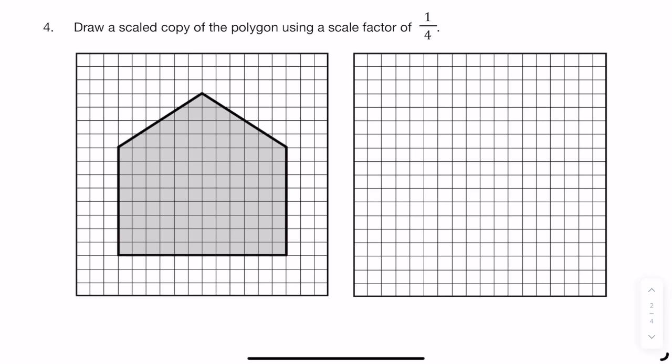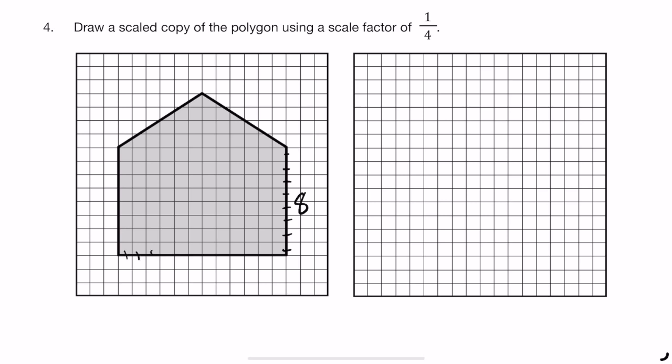On to 4, we're supposed to draw a scaled copy of the polygon using a scale factor of 1/4. So, as we've been doing, we're going to figure out the original side lengths, and then you just multiply by 1/4. So we have 1, 2, 3, 4, 5, 6, 7, 8. Okay, that's 8 units originally.